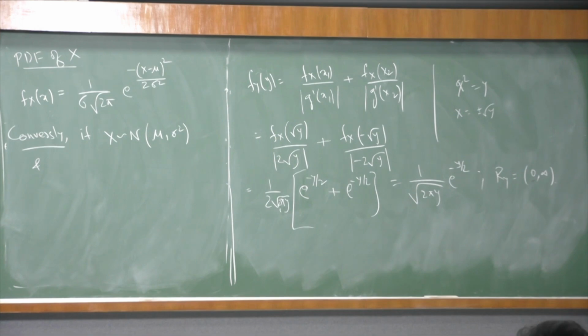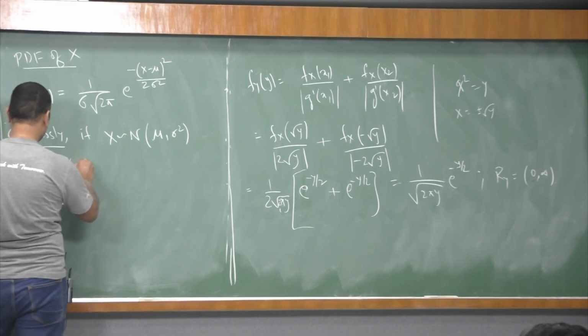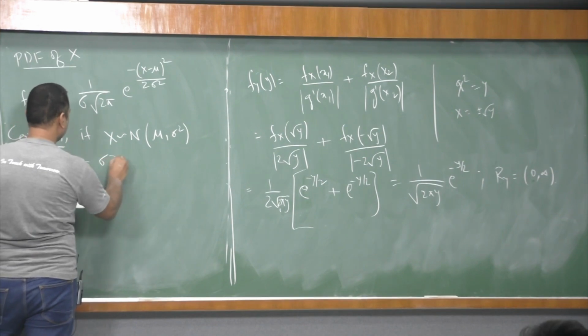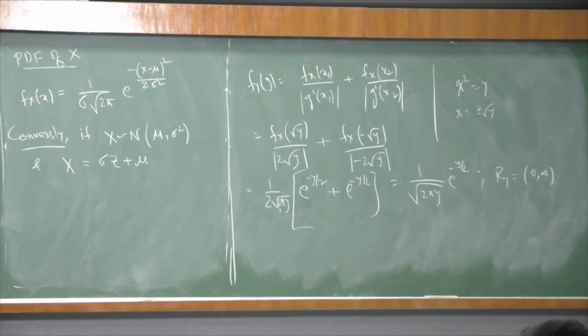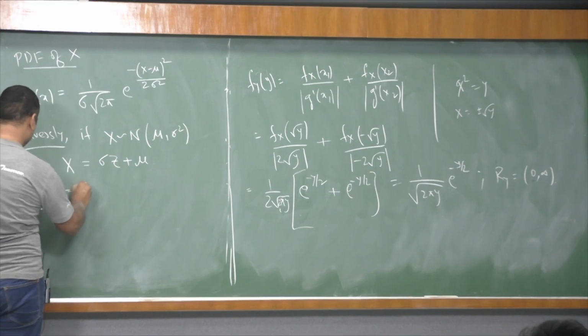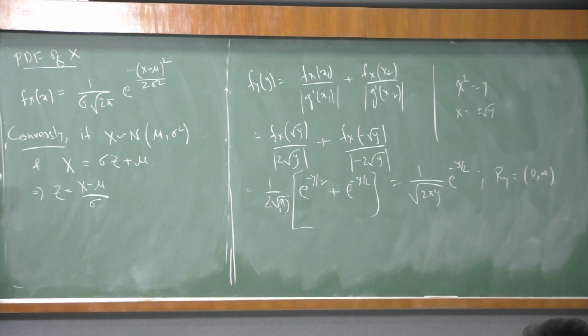So we know that x must be of the form sigma z plus mu. So from there I can solve for z. So this implies z is (x minus mu) by sigma.